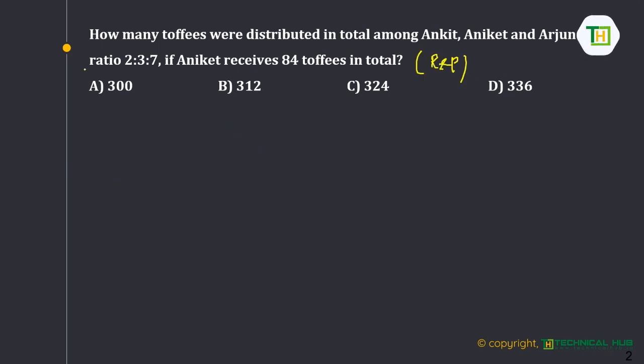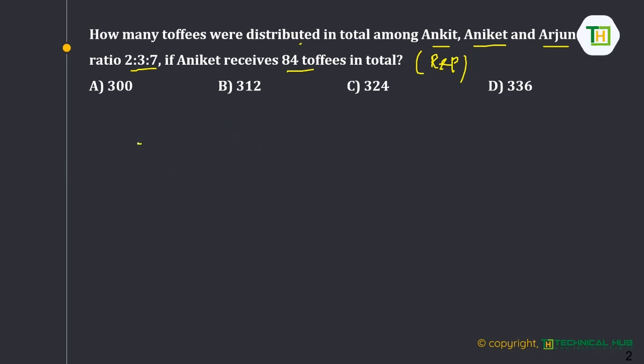Yes, what is given here? How many trophies were distributed in total among Ankit, Anikit and Arjun in the ratio 2:3:7 if Anikit receives 84 trophies in total? So you have to calculate the total trophies received by all the three persons. The ratio is given.